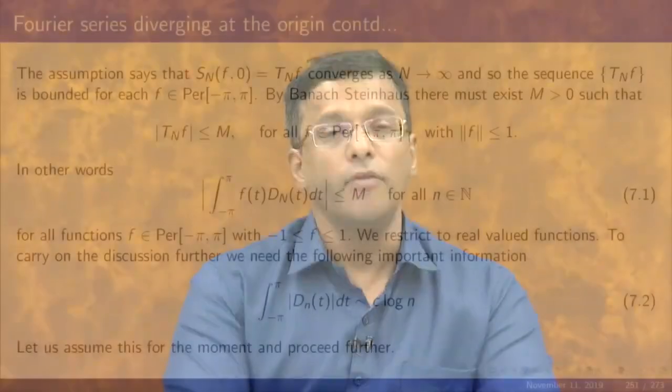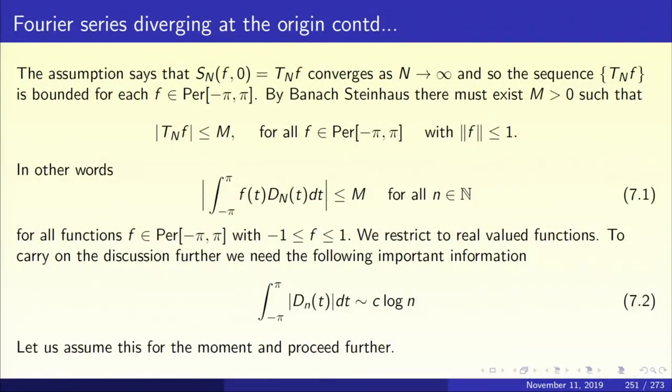That is, Sn of f comma 0, namely Tn f, converges as n tends to infinity for every function f, which means that the sequence Tn f must be bounded for each f. So now by the Banach-Steinhaus theorem, there must be a common upper bound M such that modulus of Tn f is less than or equal to M for all functions f with norm of f less than or equal to 1.